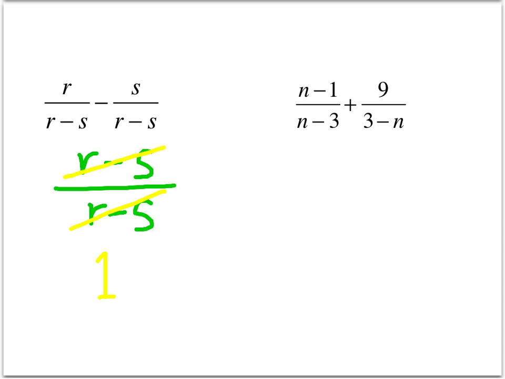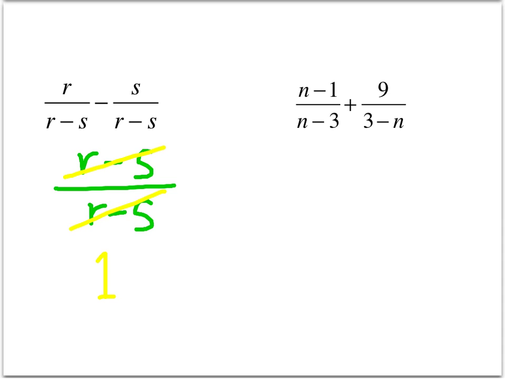All right, let's take a look at this next one here. This one's kind of a sneaky one, because at first glance it might seem like there are not common denominators here. N minus 3 and 3 minus n. They're close. There is a 3, there is an n, but they don't seem to be common.